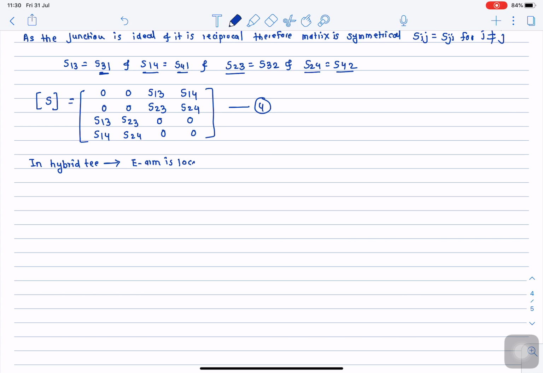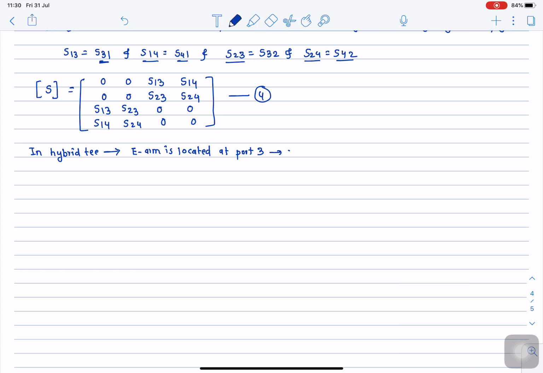Being an electric port, it is anti-symmetric.